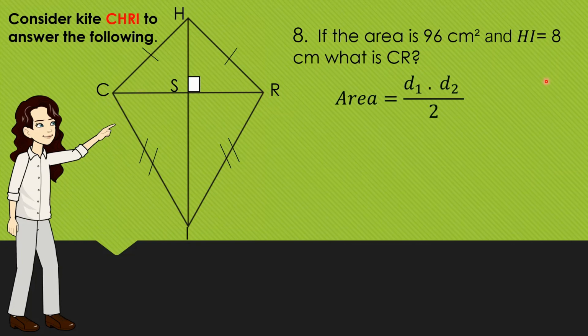So what you will do, using the formula, our area is 96, our diagonal 1 is 8, our diagonal 2 is unknown, divided by 2. So, we have 96 times 2 is 192 is equal to 8 times diagonal 2. Then, divided by 8. So, diagonal 2 is 24. And that will be the answer.